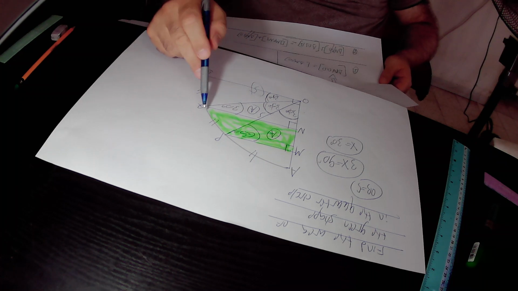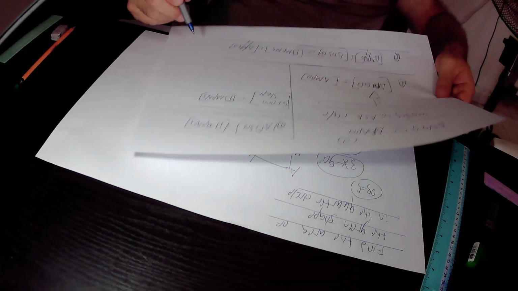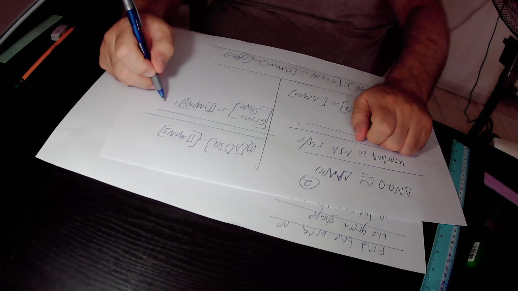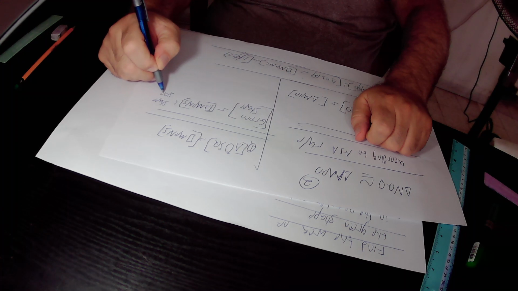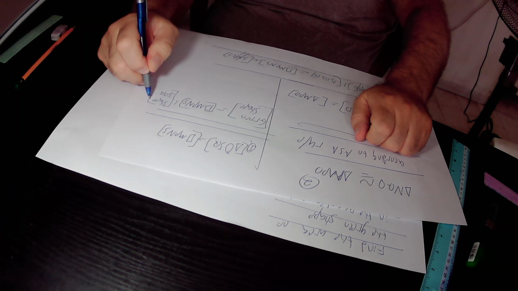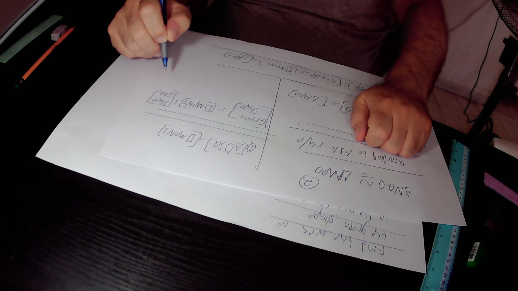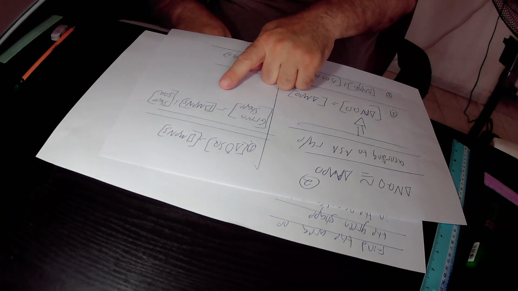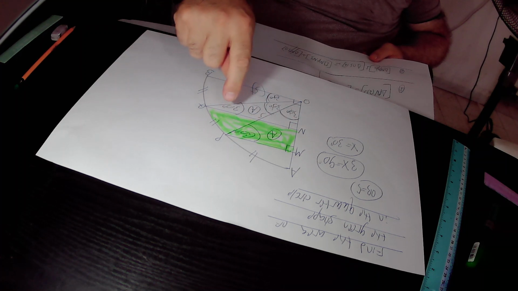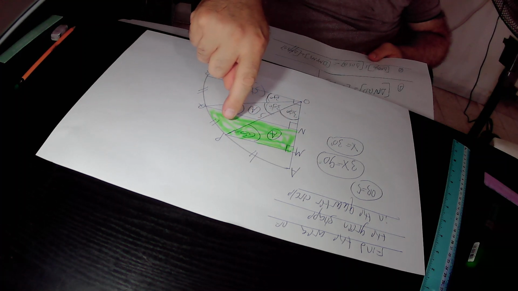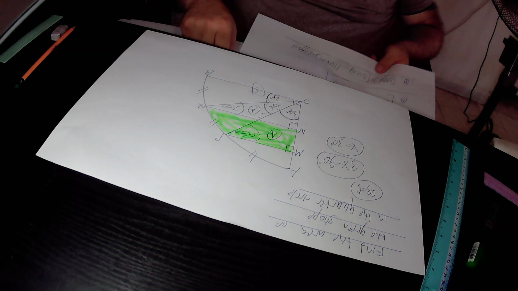This green shape SPQ. Again, the area of the green shape in total equals the area of this green quadrilateral MPNS plus the area of this green shape PSQ.